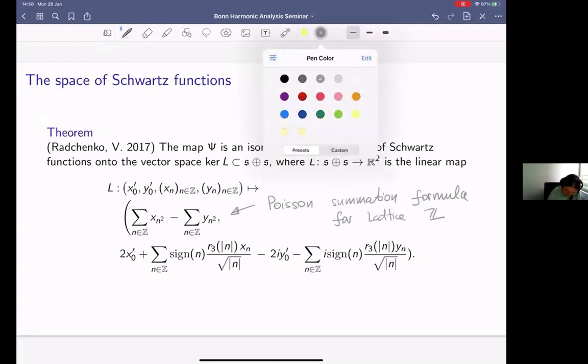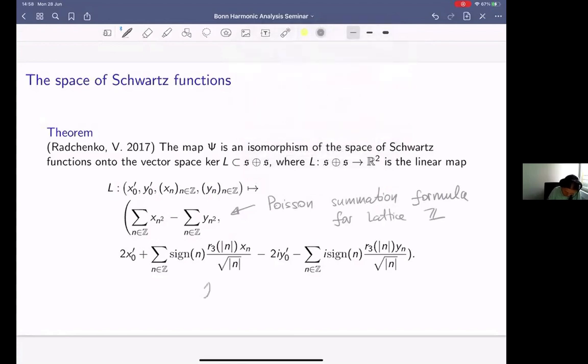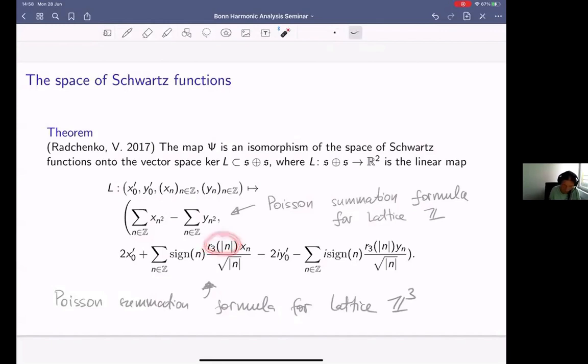And the second relation corresponds to the Poisson summation formula for the lattice Z cubed. Here r3 of n is the number of representations of the number n as a sum of 3 squares.